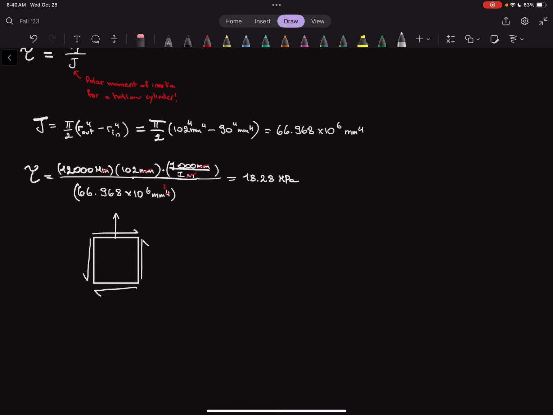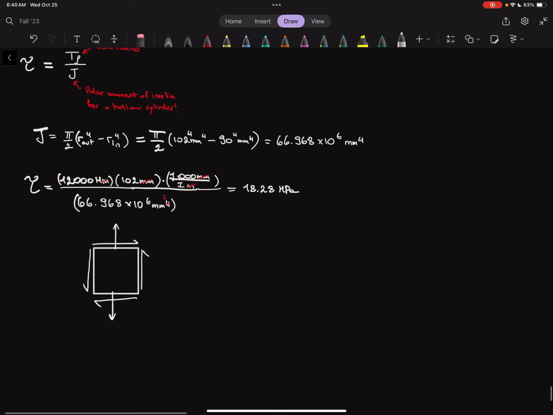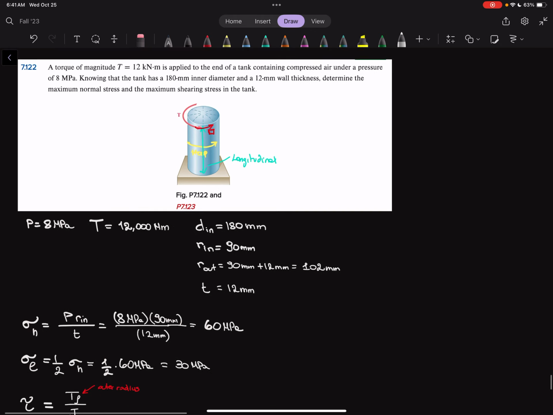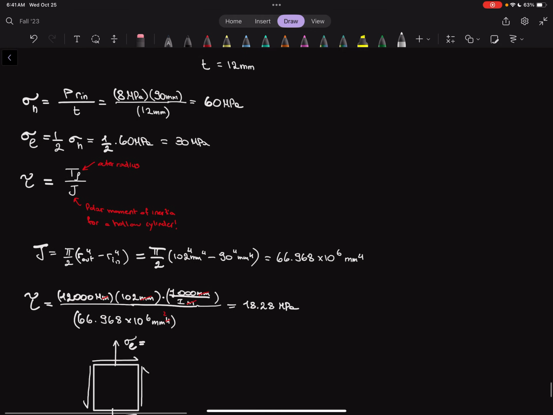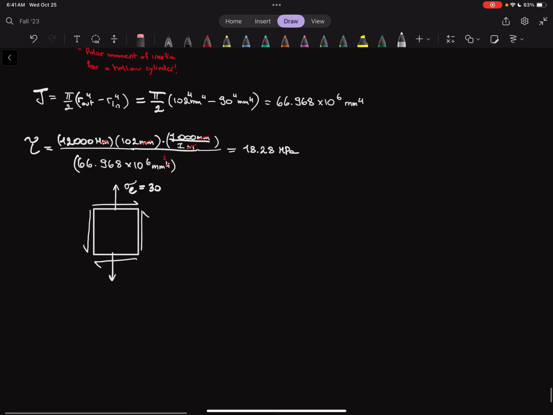And then we're going to have sigma longitudinal, which is, we said, 30. This is sigma hoop, which is 60. And then we have tau xy, which is 18.28 megapascals.